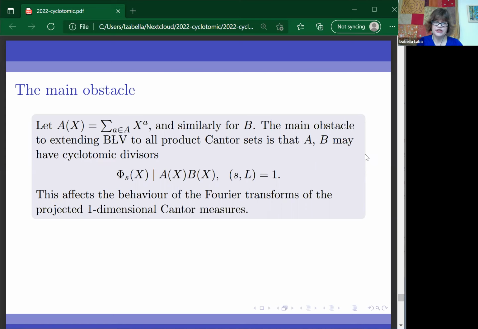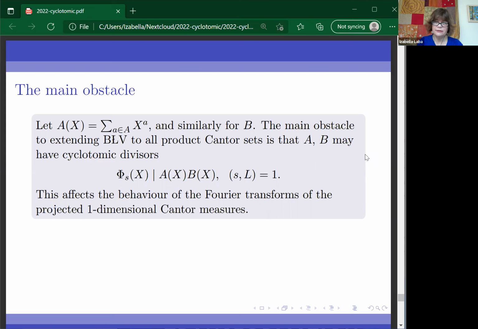Basically, we take the projected one-dimensional Cantor measures. We have to compute Fourier transforms of those. That involves a bunch of cyclotomic trigonometric polynomials. And that's where you run into trouble.